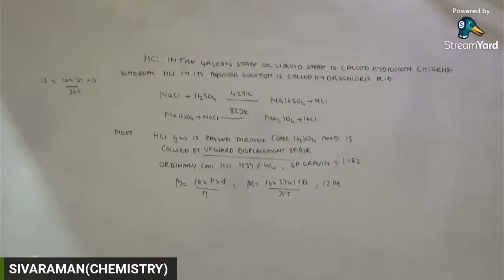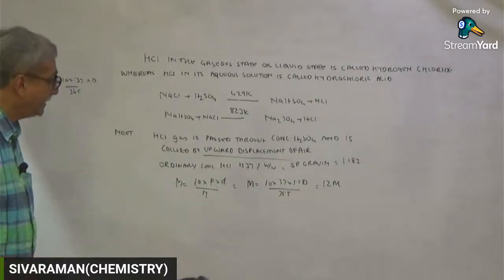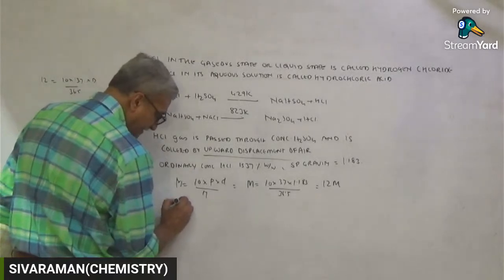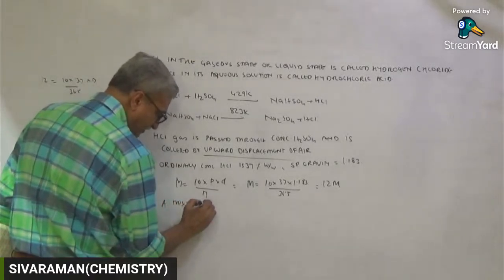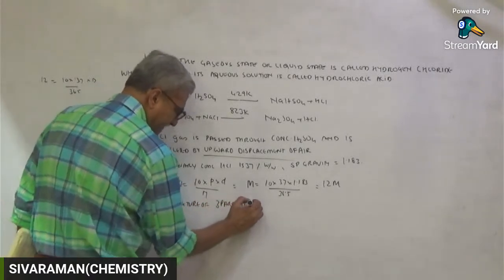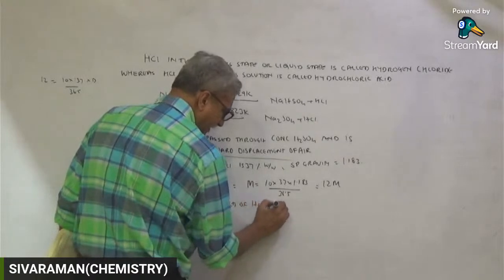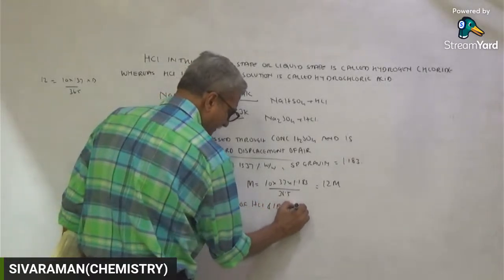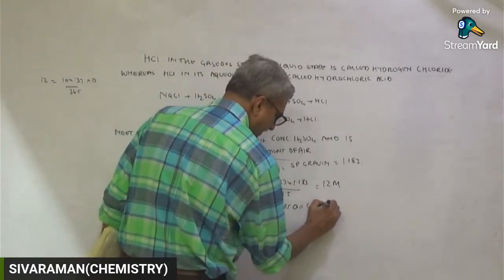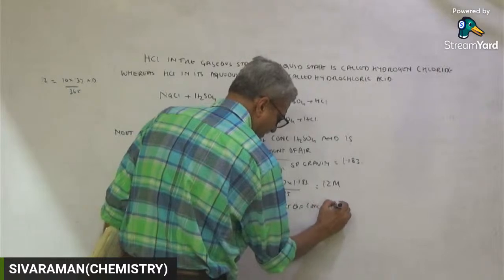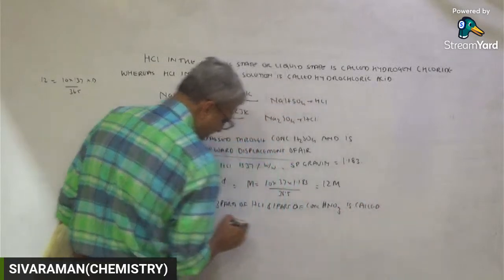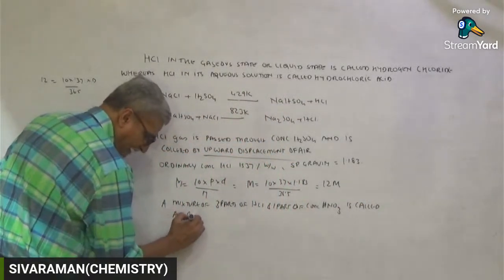Then, a mixture of, we have already done this in nitric acid, a mixture of 3 parts of HCl and 1 part of concentrated nitric acid is called aqua regia.